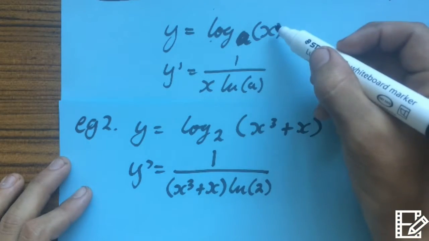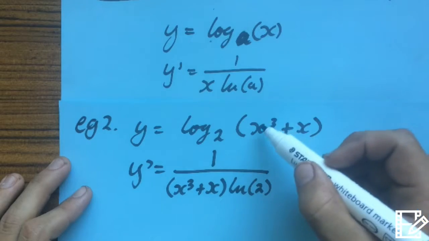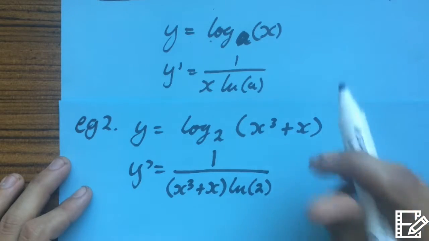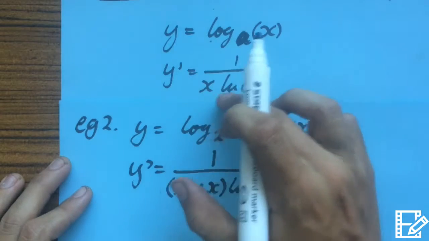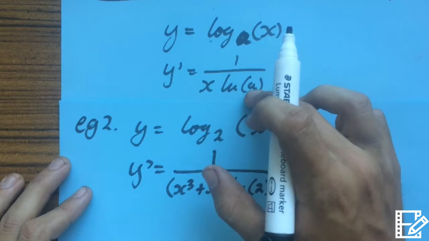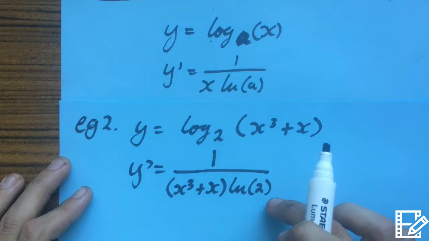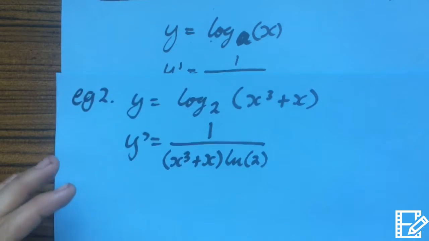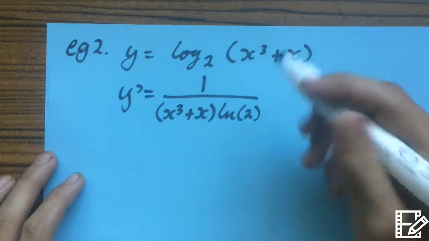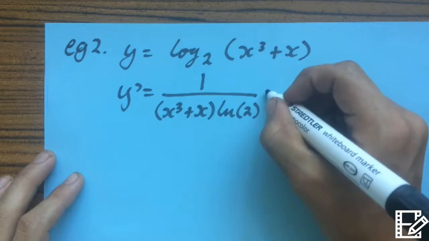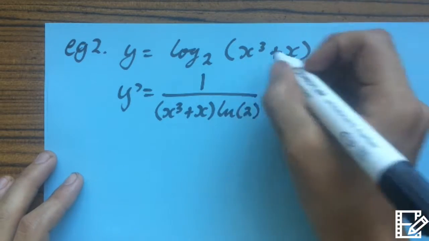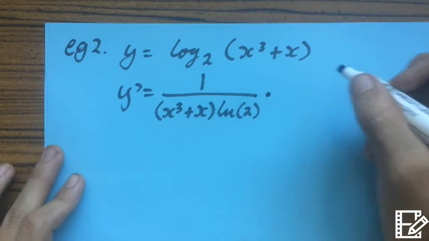Log to the base a, x. Log to the base 2, x to the power of 3 plus x. Where they've had an x, I've brought it down and multiplied it by the natural log of the base. I've just brought down this whole mess and multiplied it by the natural log of the base. Then you multiply it by the derivative of the second function, which is the inner function.